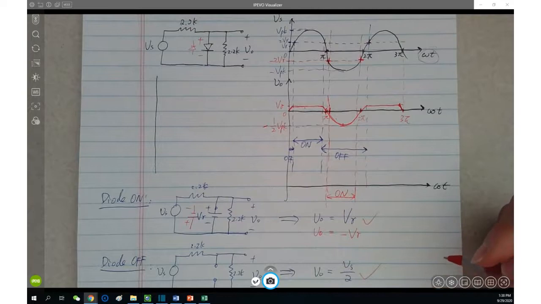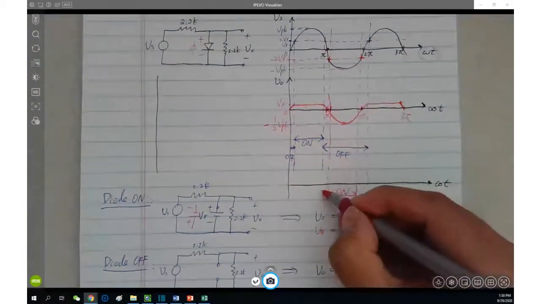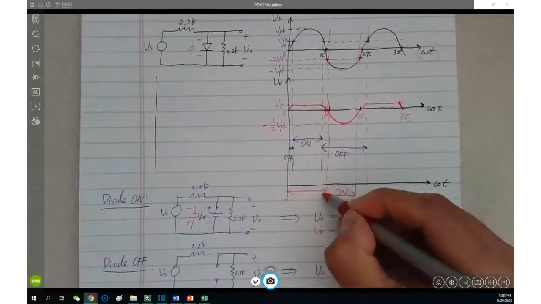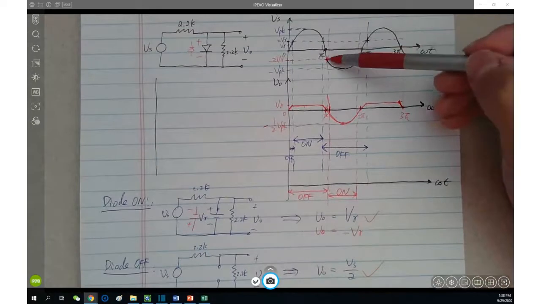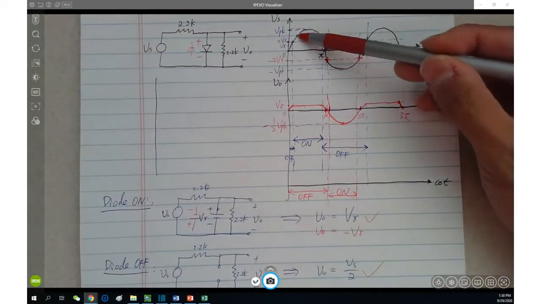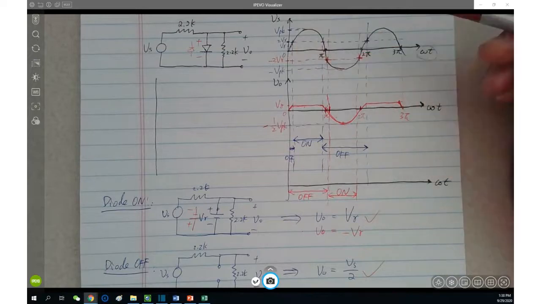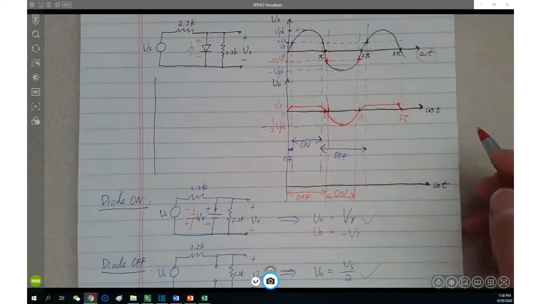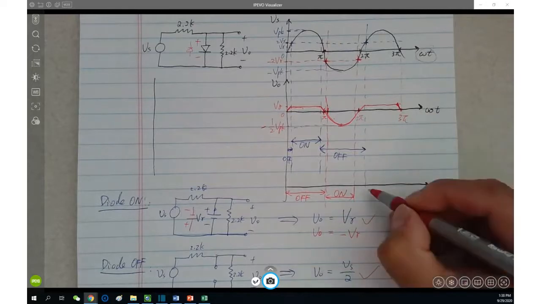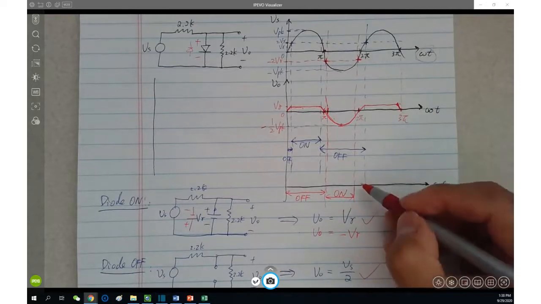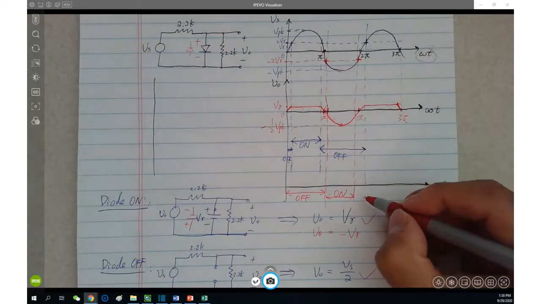Makes sense. Then before the on here, all the way to 0, the diode is off. Which means from here, going back to 0, this part is absolutely off. And after here is also off.